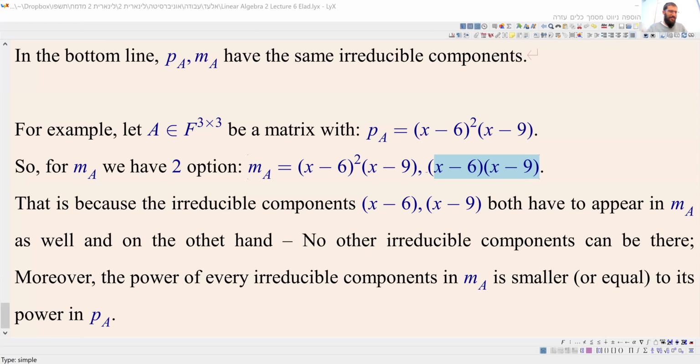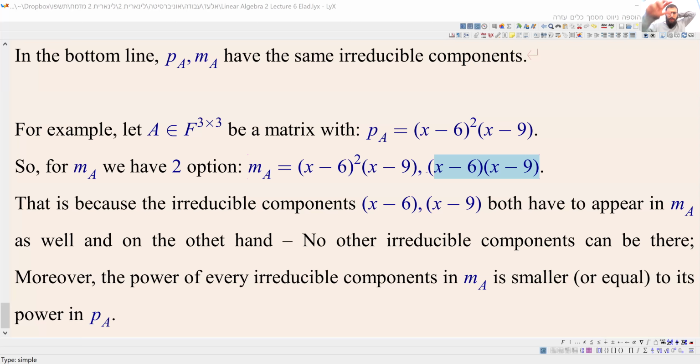It's not a formula like the characteristic polynomial, where you plug in xI minus A. It will be long, tough, boring, whatever, but we get through it. The minimal polynomial is by definition the minimal degree, etc.